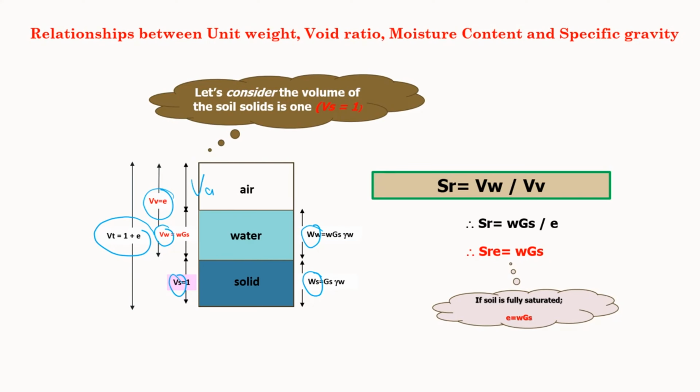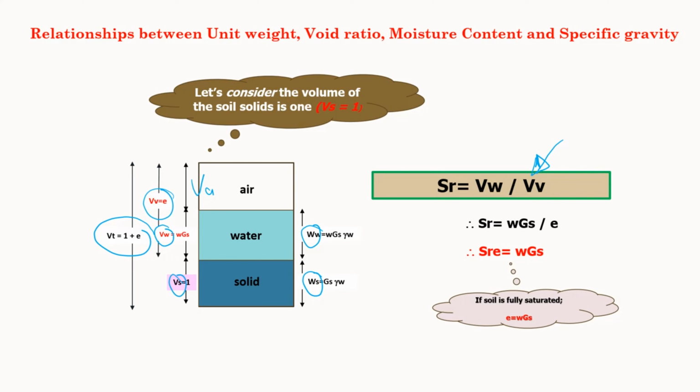For example, this one. We know that this is the basic equation for degree of saturation. Degree of saturation, based on its basic equation, is equal to volume of water divided by volume of void.